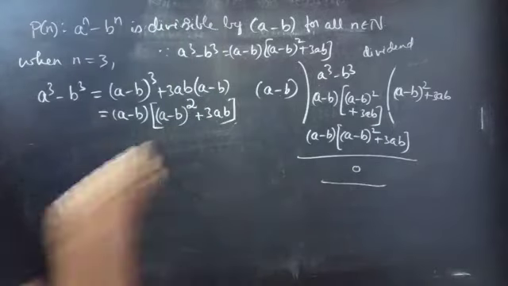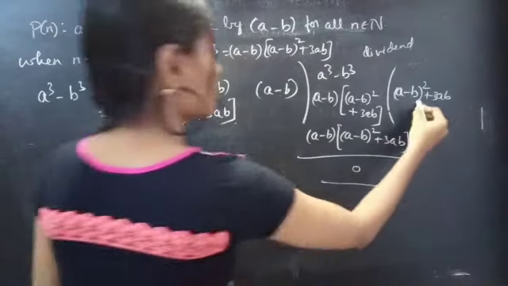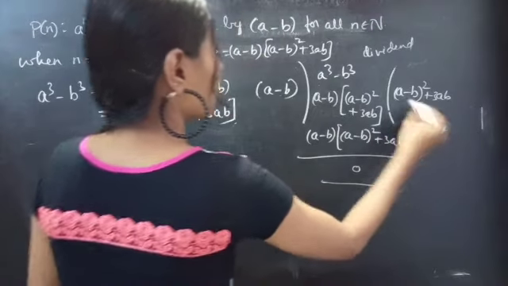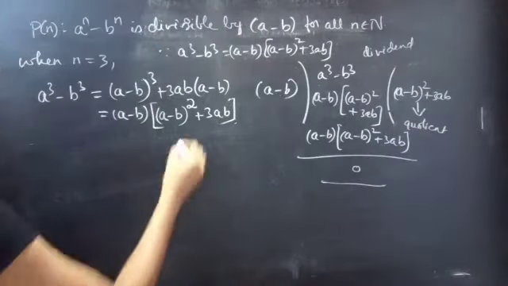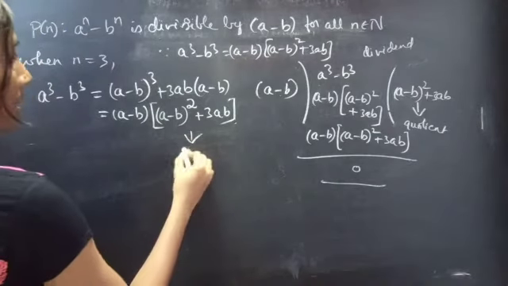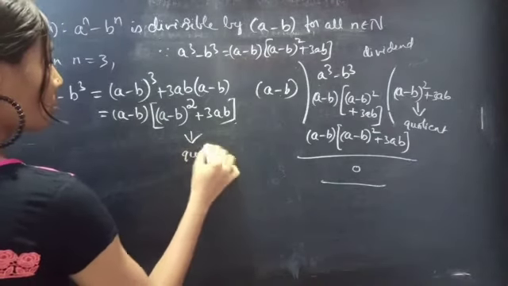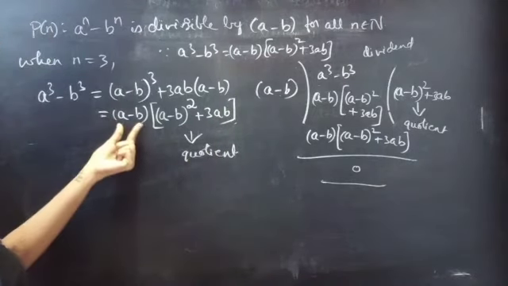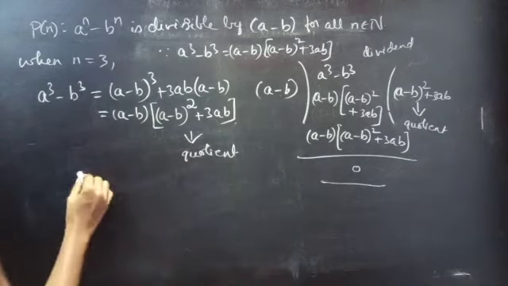The remainder will be 0. So here our quotient is a minus b whole square plus 3ab, right? This is our quotient. The term under square brackets is our quotient. And also this term is a multiple of a minus b, right?